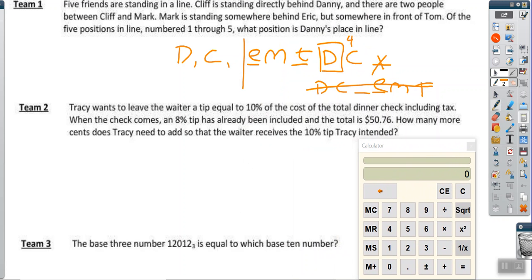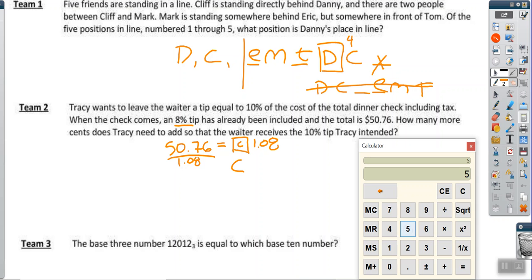So we know that the total bill, including an 8% tip, was $50.76. And we know that this was equal to a cost times 1.08. So that cost of the whole meal, including tax, well, we just have to divide this by 1.08.